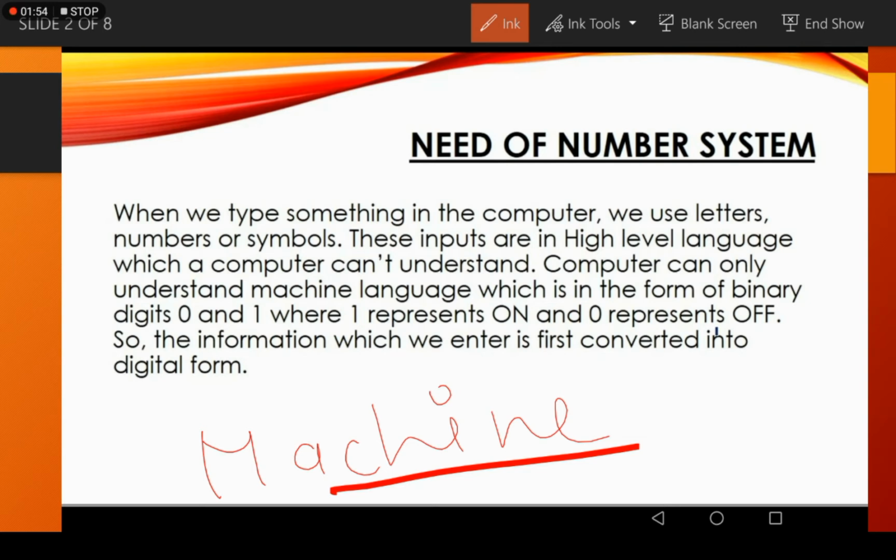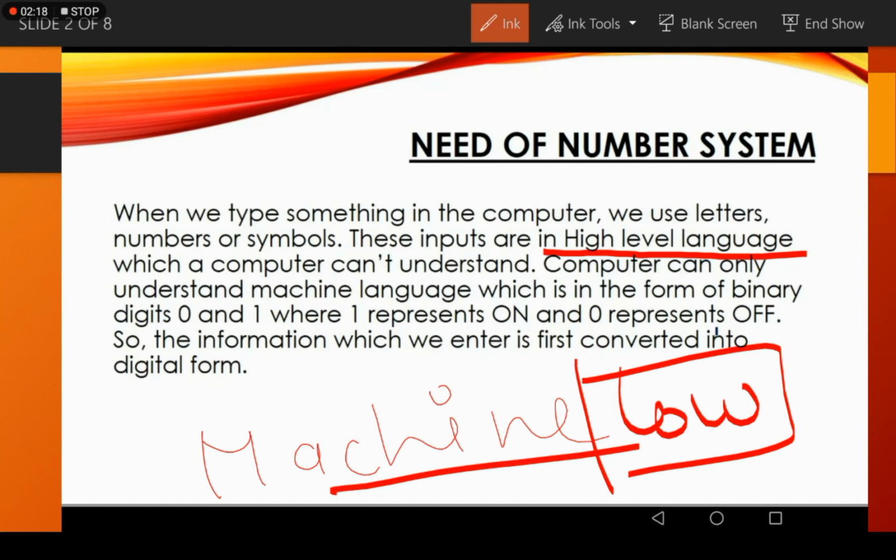So the numbers and letters we type in our computer system are known as high level languages, and the machine language which computer understands directly is known as low level language. Low level language is represented by 0 and 1, where 0 represents off state and 1 represents on state. I hope it's clear.